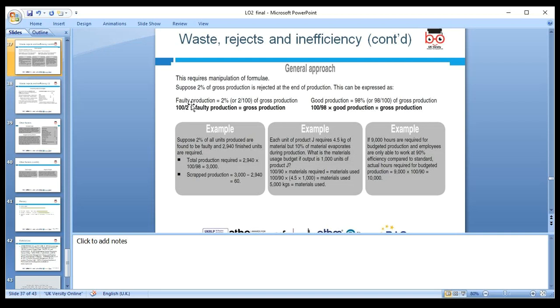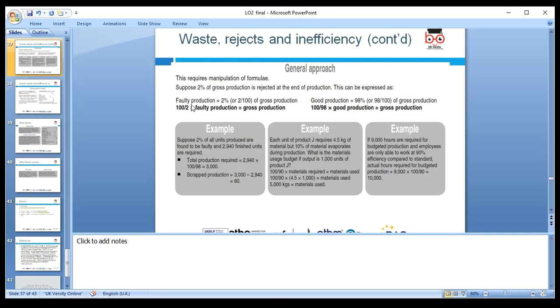You need to make it 100, you have to produce more. Like here, total production required is 2940, with 2% rejection. So 2940 times 100 divided by 98. So you need 3,000 units to make it. Actually, you're selling 2940 because the rest will be waste. So that's the way we can calculate.